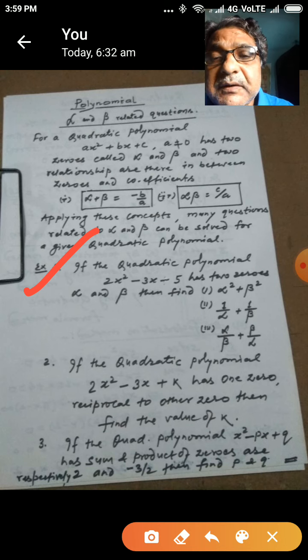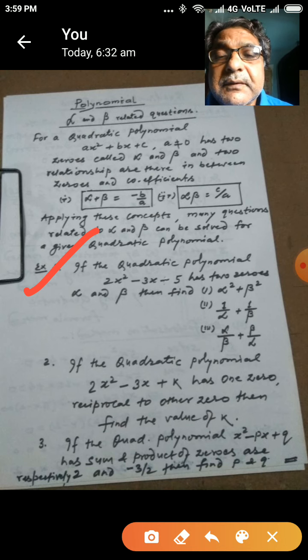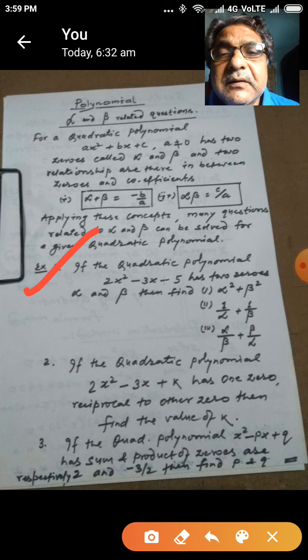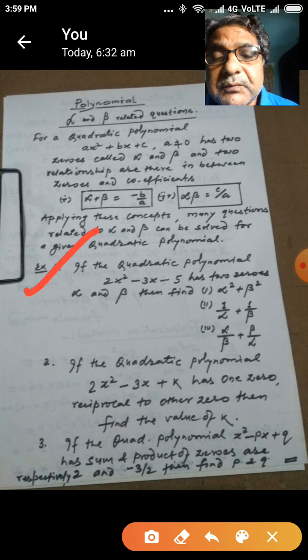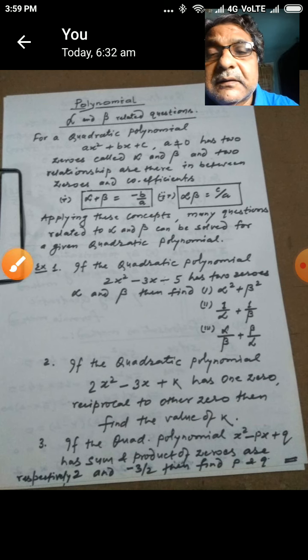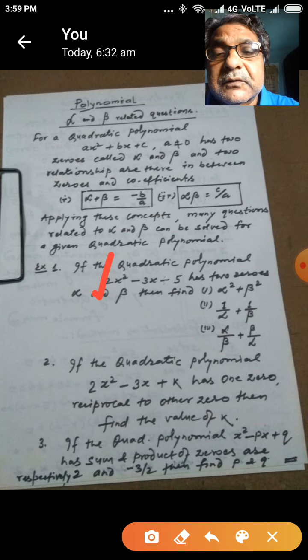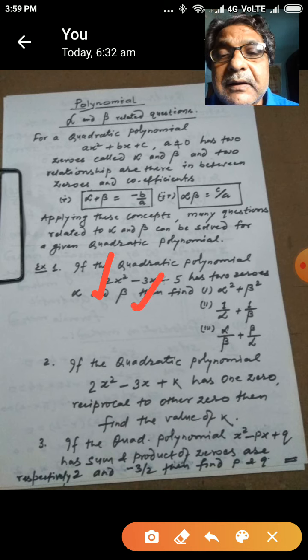So here, first of all we will write from the given quadratic polynomial what are the different values of a, b and c. Here a is 2, the coefficient of x square, whereas b is minus 3, coefficient of x, and c is minus 5.